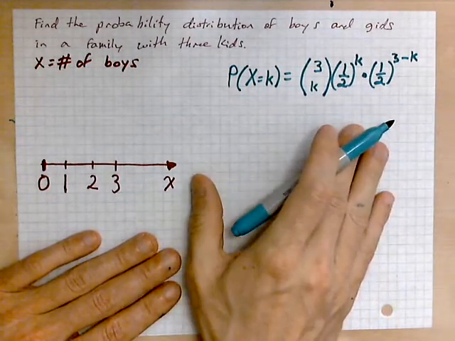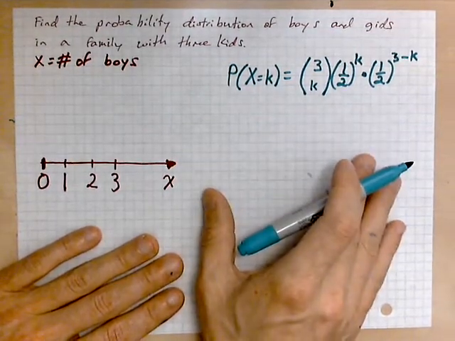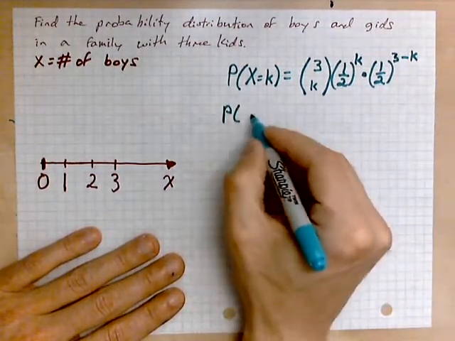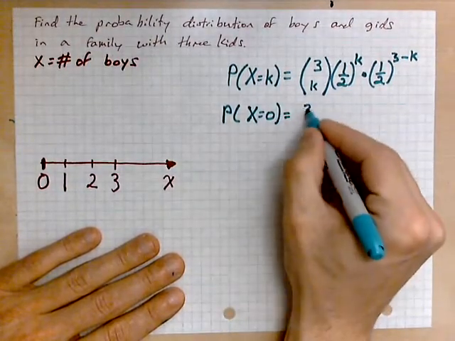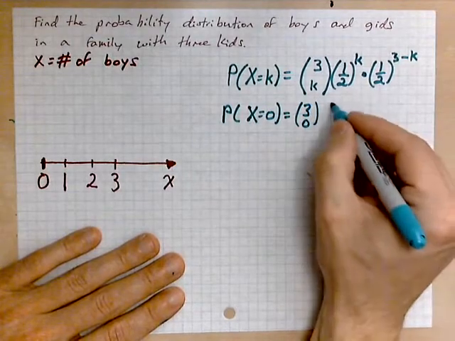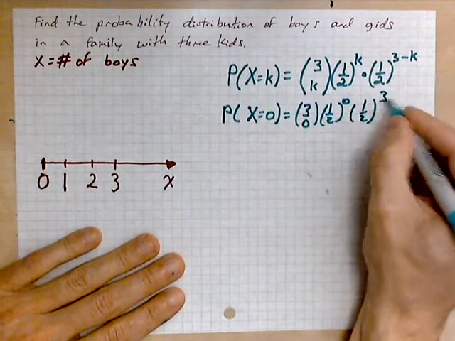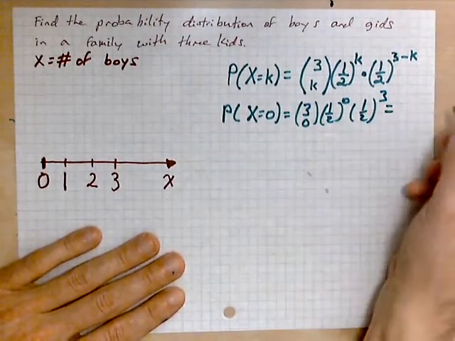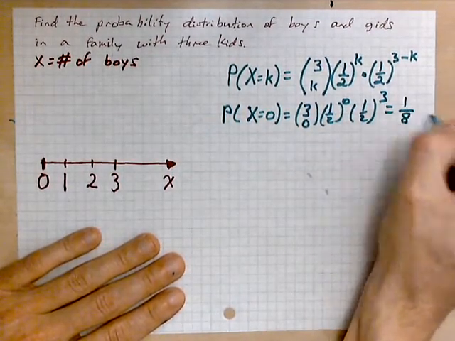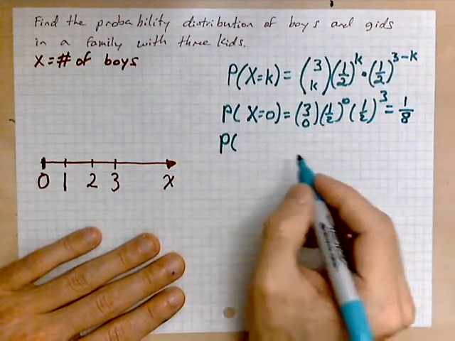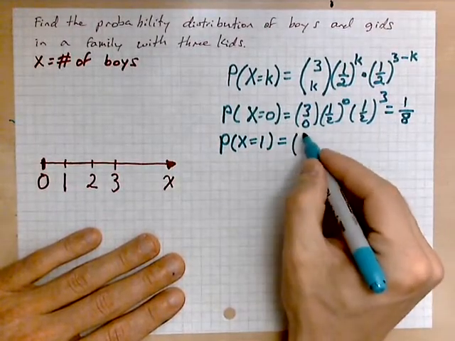So let's evaluate this. The probability that you will have 0 boys is 3 choose 0, times 1/2 to the 0, times 1/2 to the 3rd, and all that remains after you simplify these calculations is 1/8. The probability that x will be 1, that you will have 1 boy, means 3 choose 1.